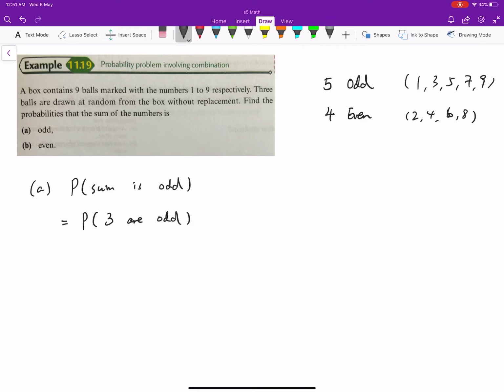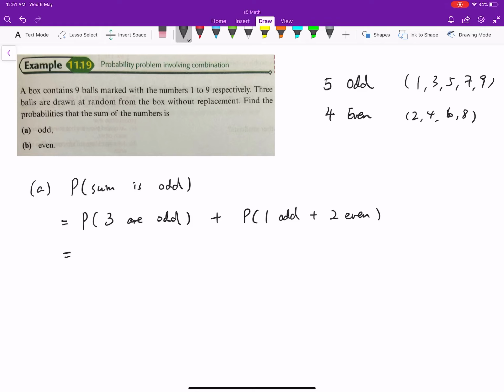So you will get 3 odd numbers, then you add them together, you will still get an odd number. And there's also another situation. If you get 2 odd and 1 even, then it does not work. But if you get 1 odd number and 2 even numbers, then the outcome will be an odd number. So 1 odd number and 2 even numbers, they still work. And then actually we don't have other situations.